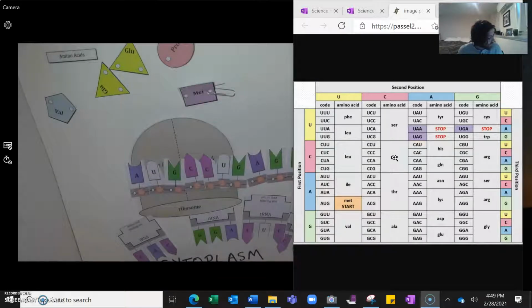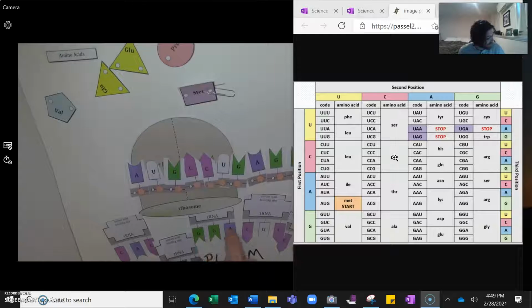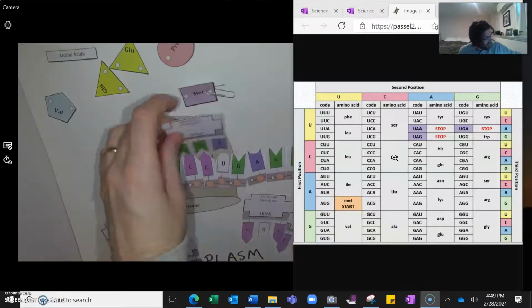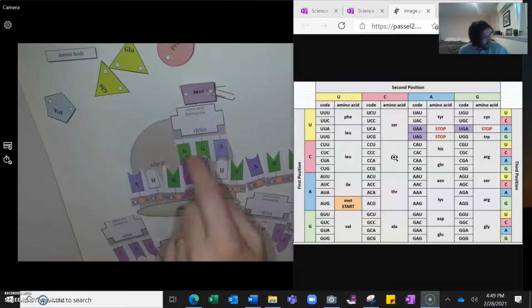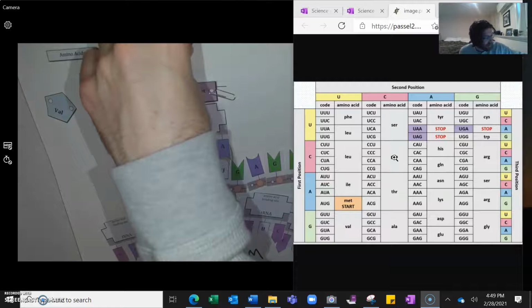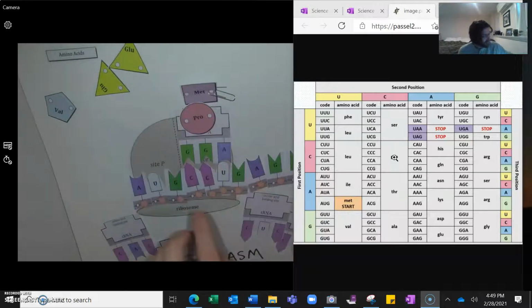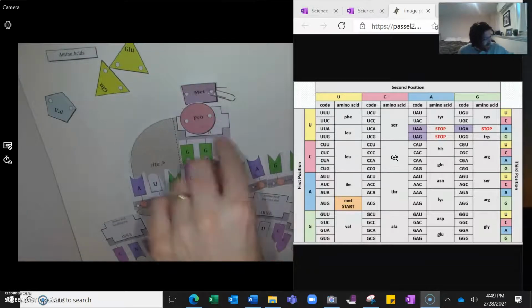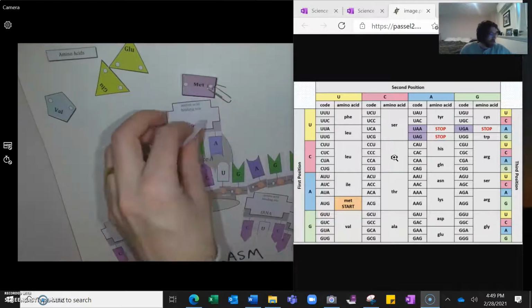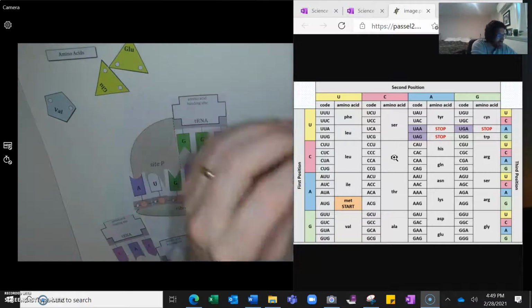So we need the one that is right here, GGA. That's going to match up, right? And all the time, this is carrying around the cell, this is carrying proline. So when it sees that CCU, it brings that proline here and is going to add it to this chain.